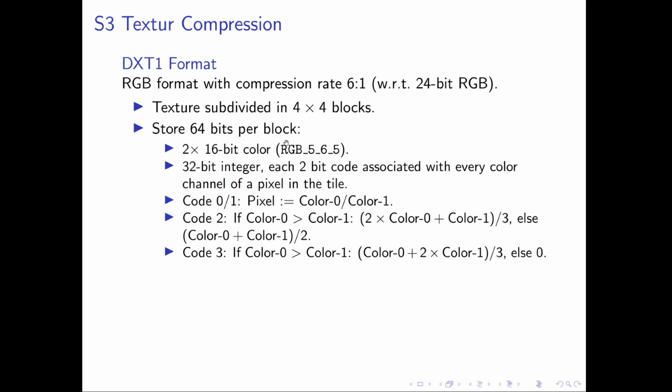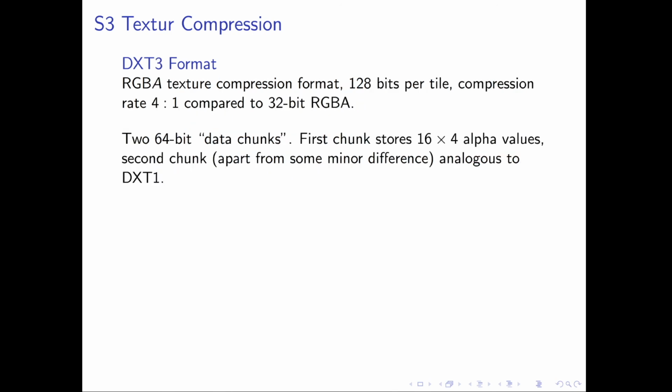And so the DXT1 format is able to encode 4x4 blocks of RGB texels. And there's also another format called the DXT3 format, and the DXT3 format would in a very similar fashion encode RGBA tuples, so it could also encode an alpha channel. And with this encoding, the basic idea is very similar.